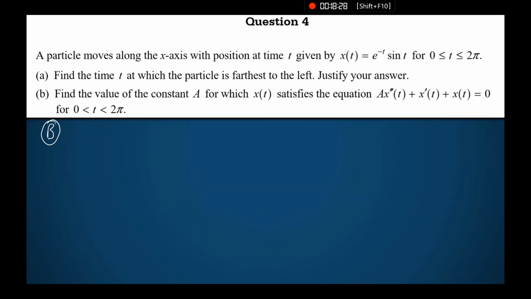Okay, so the first thing I'm going to do is, since we already know what x prime of t is from last time, I'm going to use that to solve for x prime prime of t. So let me write all three of these down. We were given this: x of t is equal to e to the negative t sine t.